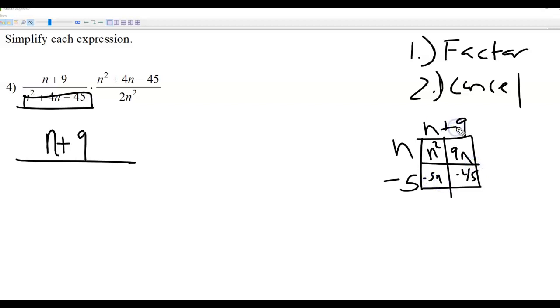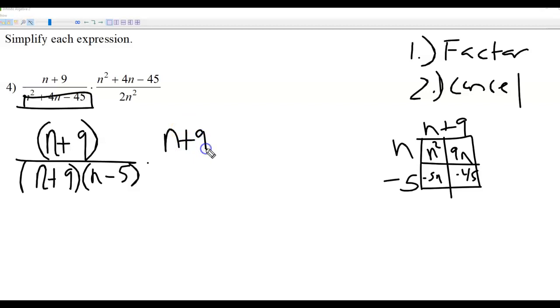So we end up with n plus 9 and n minus 5. A lot of times it helps to put all the binomials in parentheses, even if they don't do that in the original problem. I would encourage you guys to do that.